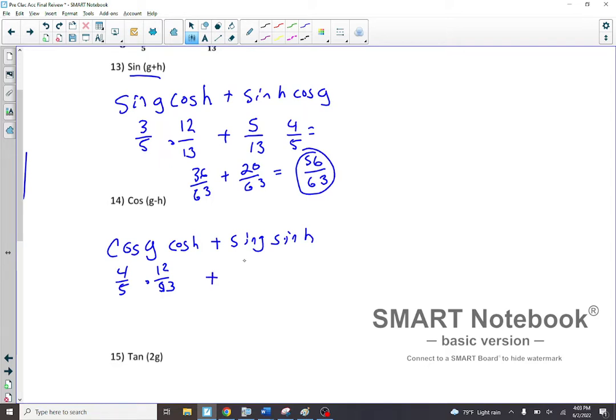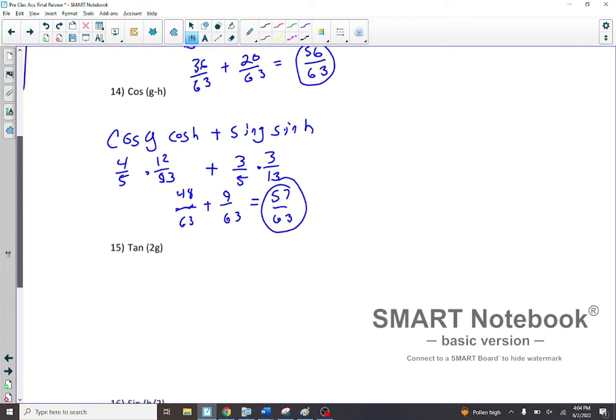Plus sine g, which we already found was 3 over 5, sine h, 5 over 13. So this is 48 over 65 plus 15 over 65 equals 63 over 65. Yeah, I guess they should be close.